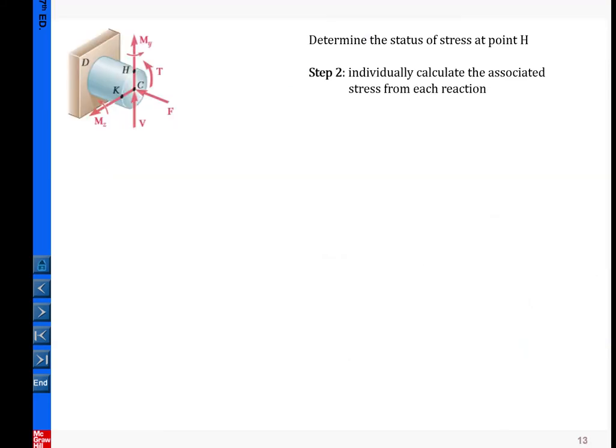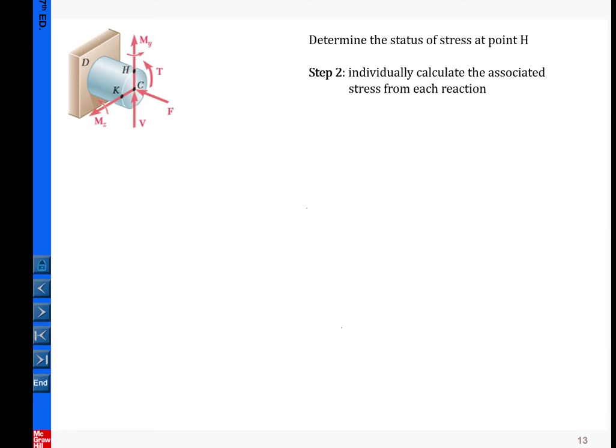Step two is, once we have all the reaction components, including force components and couple components, calculated on the cross section we're interested in, we begin to exercise what we have learned from chapters 2, 3, 4, 5, and 6 to determine the stress.